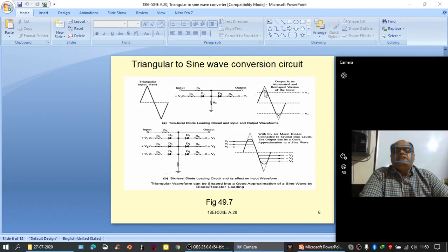And during the negative half cycle, it continues to be the same till the potential at this point falls below V1. That is when Vin by R1 plus R2 into R2 is slightly less than V1, then diode D1 stops conducting.